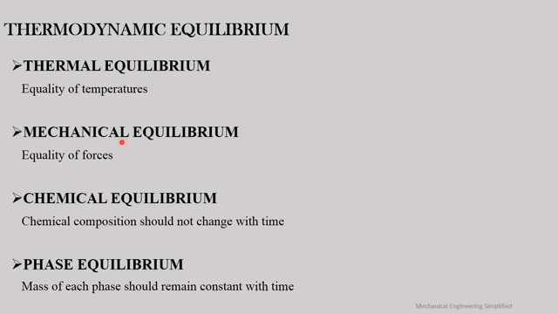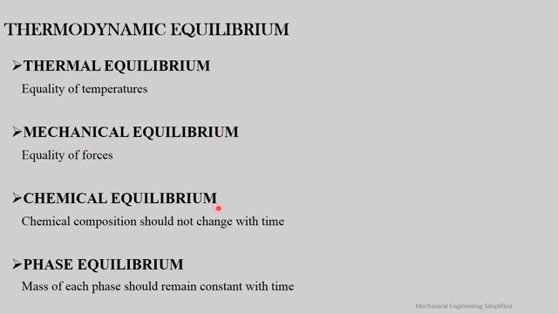That means the pressure should be the same at each and every point of the system, and should not change with time. If that condition is satisfied, we say that our system is under mechanical equilibrium.